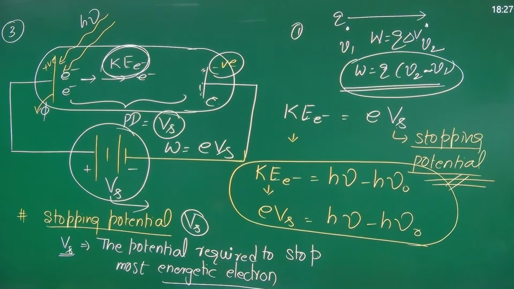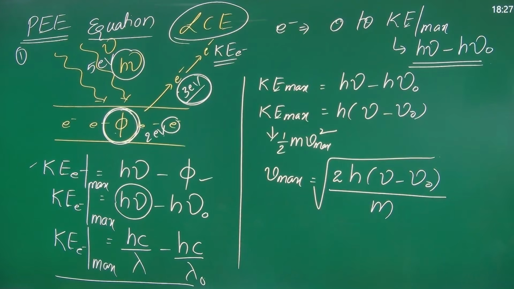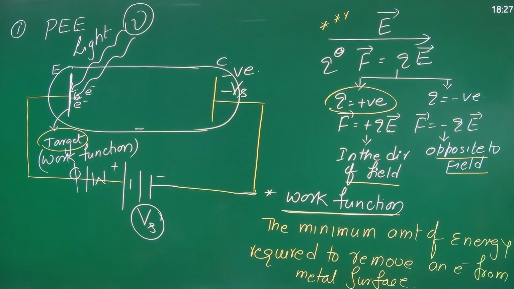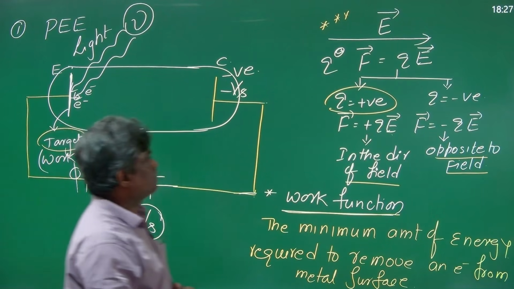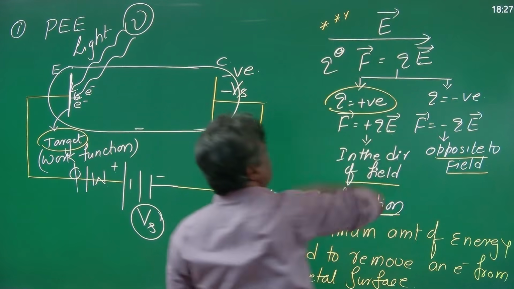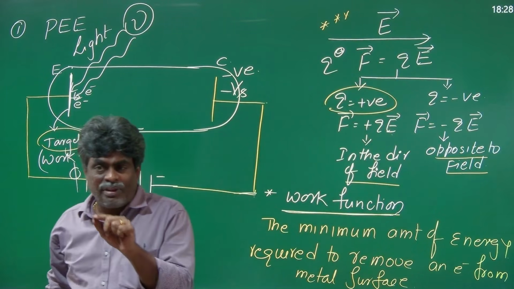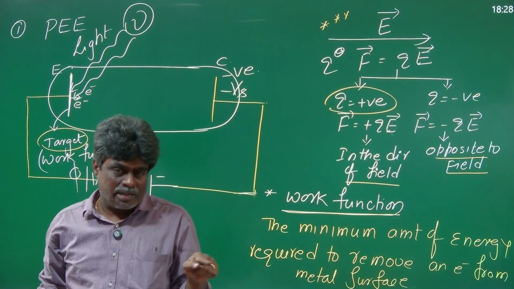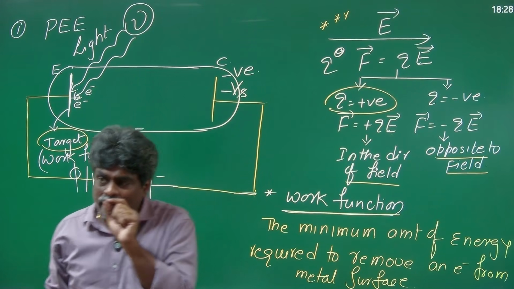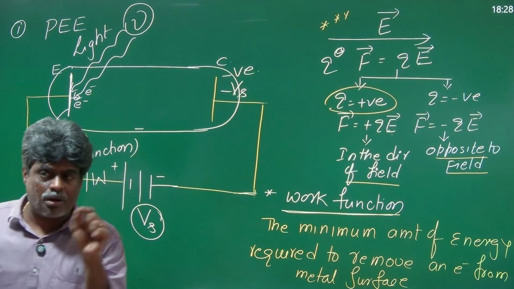Once again, recap what we have discussed today. Started from here. I think this concept, if anybody doesn't know, please remember: electric field will accelerate the charged particle. Magnetic field won't accelerate. The reason is magnetic field won't do any work on the charged particle.